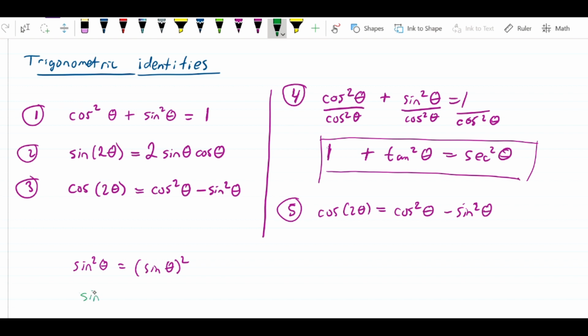So that gives me sine squared theta is equal to 1 minus cosine squared theta. And by the way, you should get used to using identity 1 in this form where you rearrange it into a form that has either cosine squared or sine squared on the left side of the equation. Once I do that, I can rewrite this equation this way. So this is going to be cosine of 2 theta is equal to cosine squared theta minus 1 minus cosine squared theta.